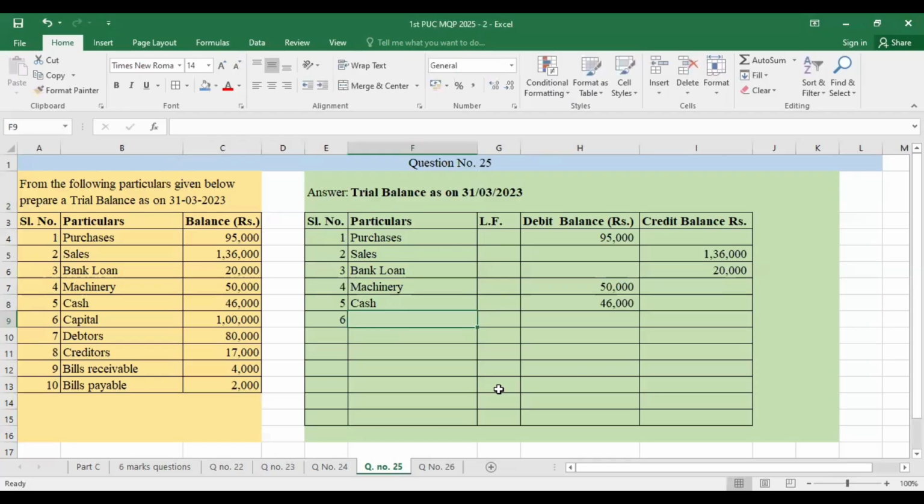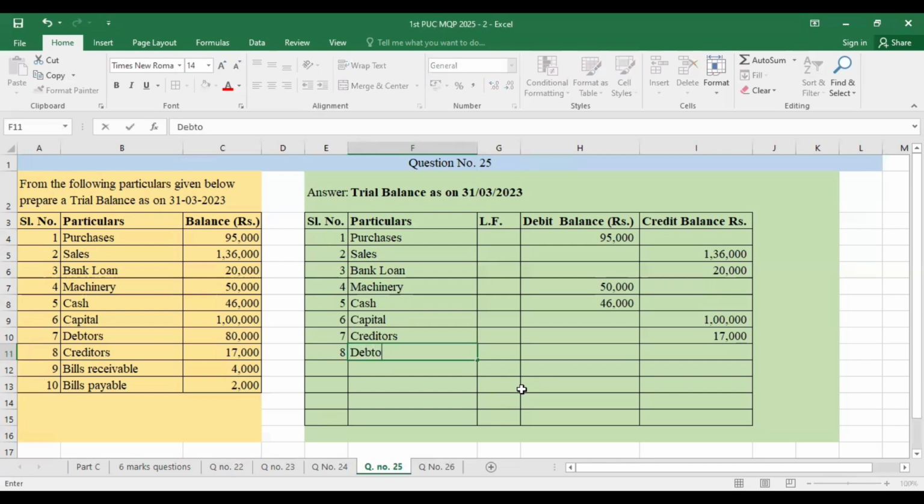Next, capital is always a liability to the business and always shows credit balance. Next, creditors is also a liability for the business, which has to be paid. That is 17,000, which is credit balance. So you have to put it under the credit column.